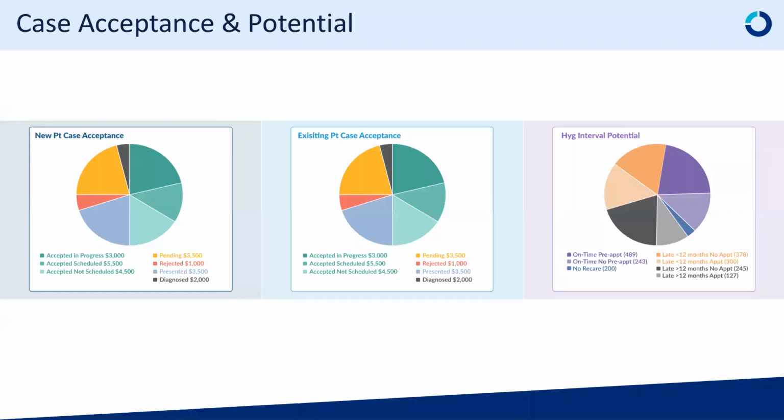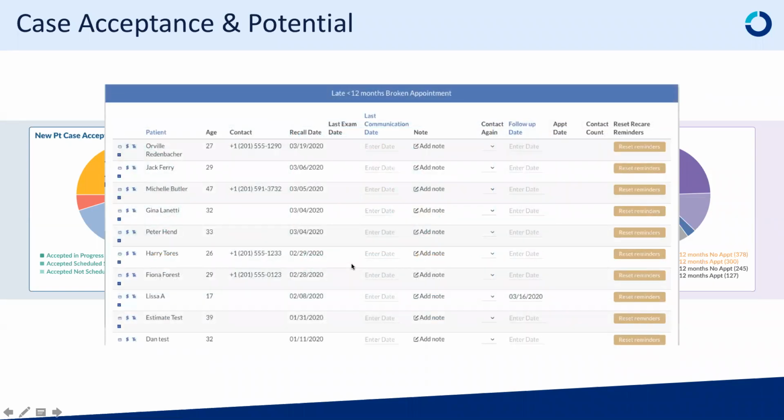The fourth section on the dashboard is those pie charts that we saw in the exam: new patient acceptance case, existing patient acceptance case, and the hygiene interval potential. Whichever pie chart part you click on, or if you click on any of the lists at the bottom, will automatically generate a list for you to track.